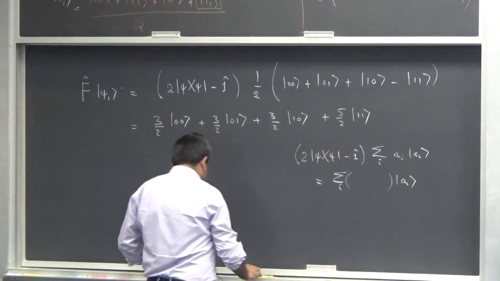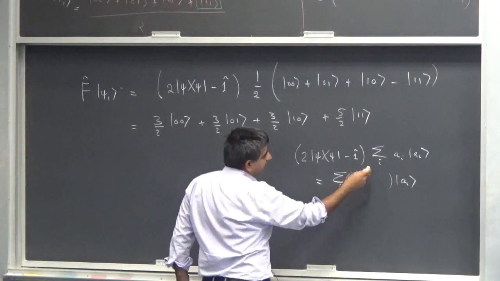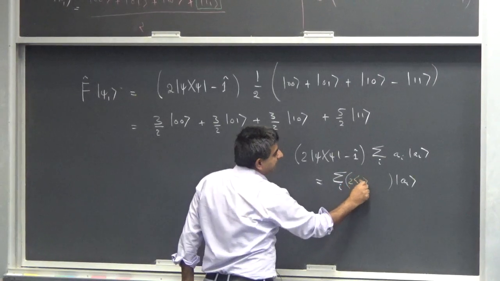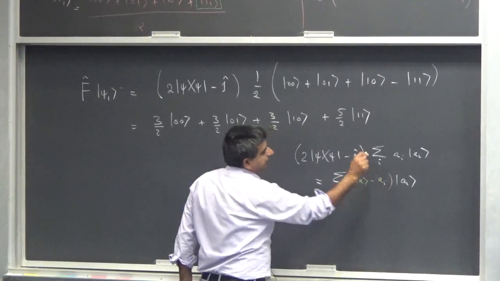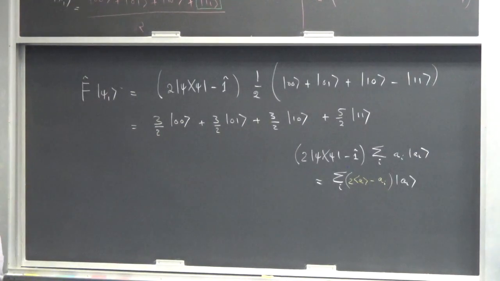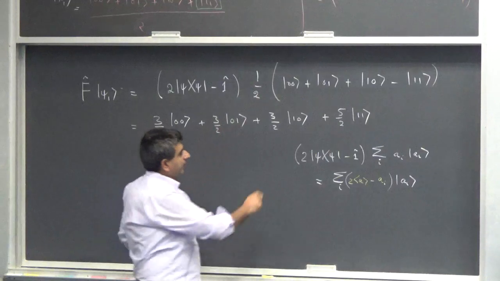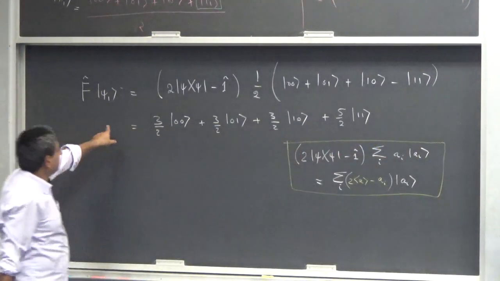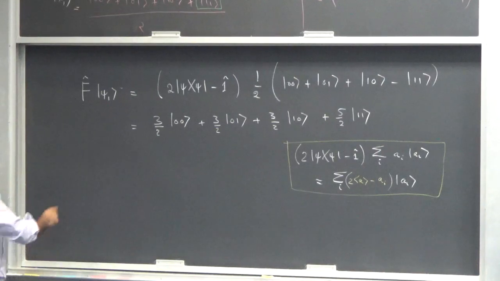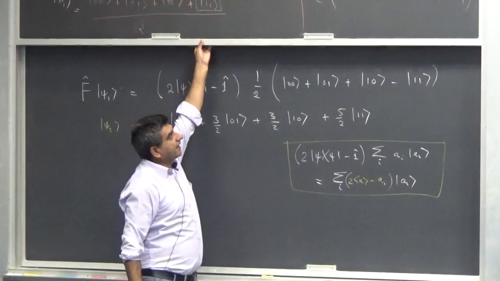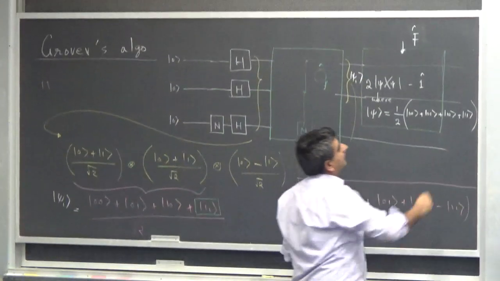Each a_i is converted to 2 times the average amplitude minus that amplitude. This was from our previous lecture, I've just applied the same formula here. Now let's call this particular state psi 2, the state produced over here.